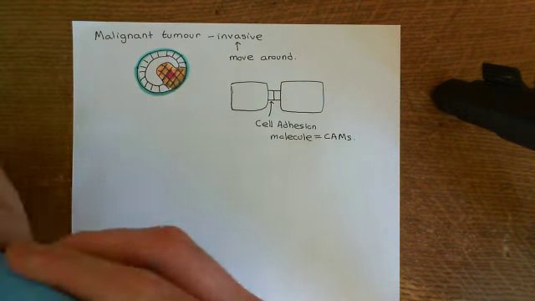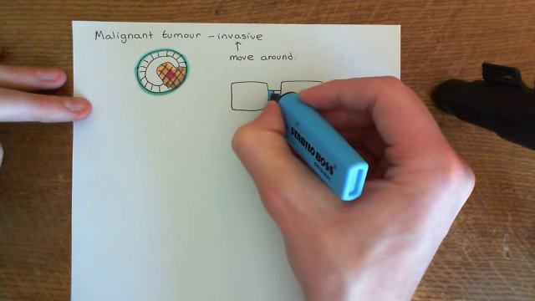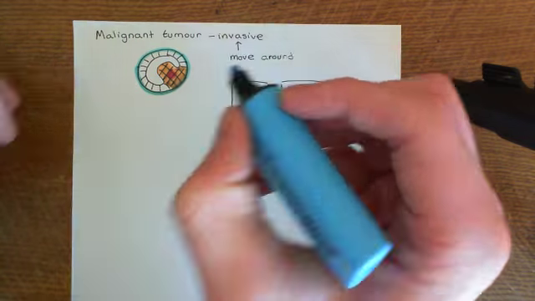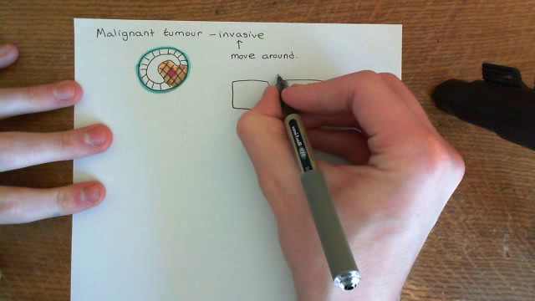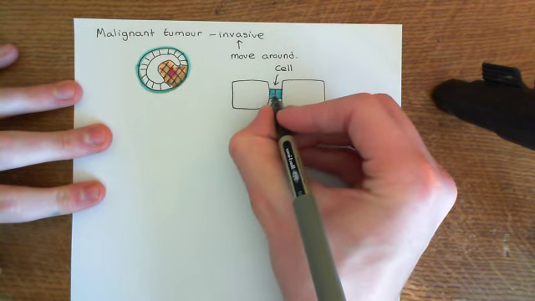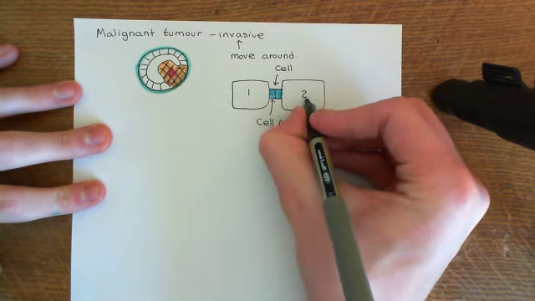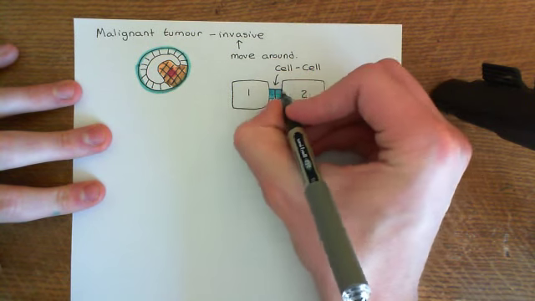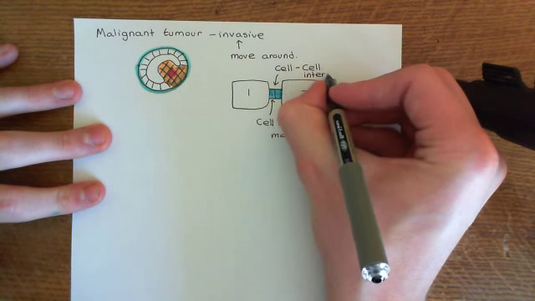Cell adhesion molecules are involved in attaching cells where they are and stopping them from moving around, and they do this in two ways. The first is that you can have these direct cell-cell interactions, as they are known. You have a cell adhesion molecule on one cell, a cell adhesion molecule on cell 2, and these two cell adhesion molecules then bind together to create what's known as a cell-cell interaction.